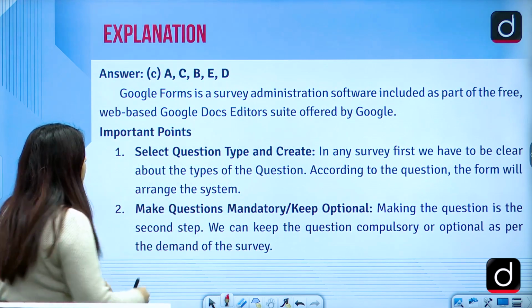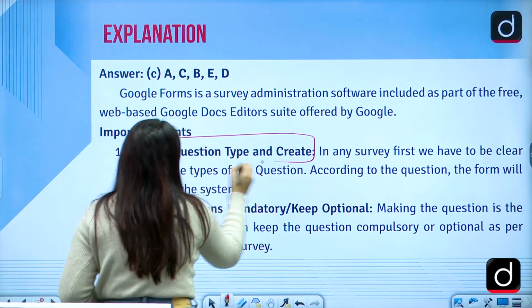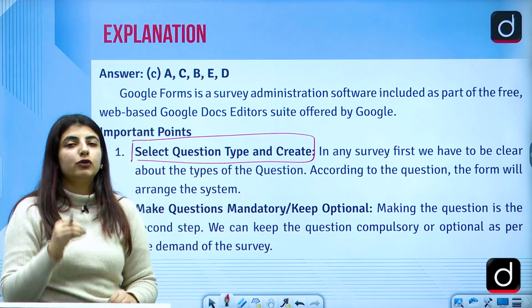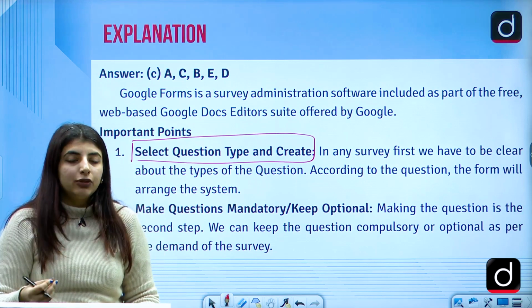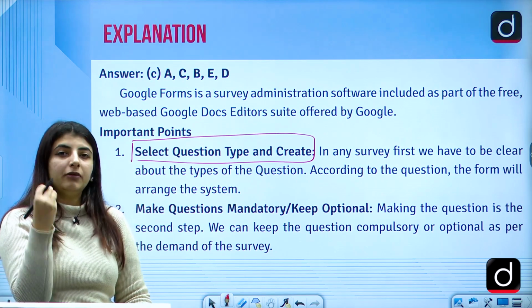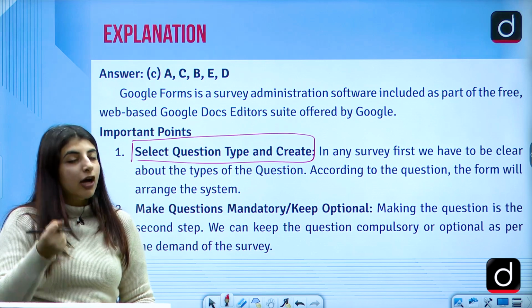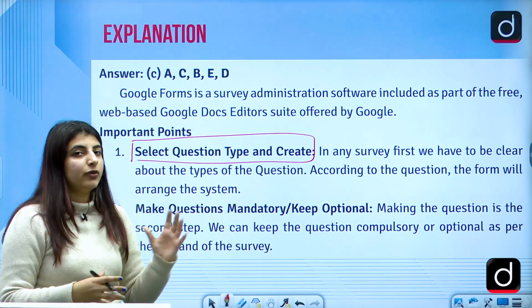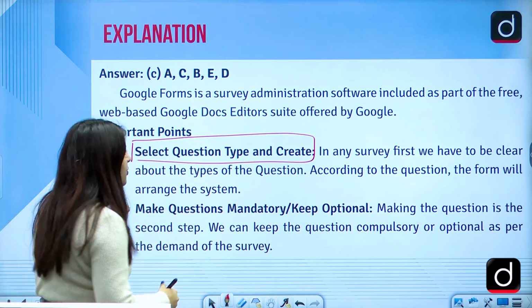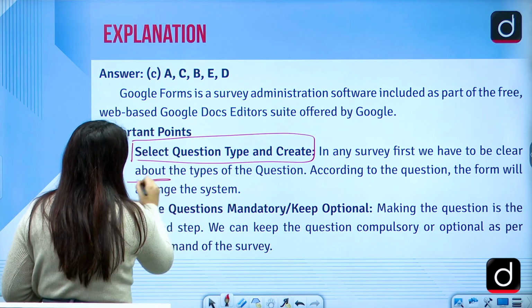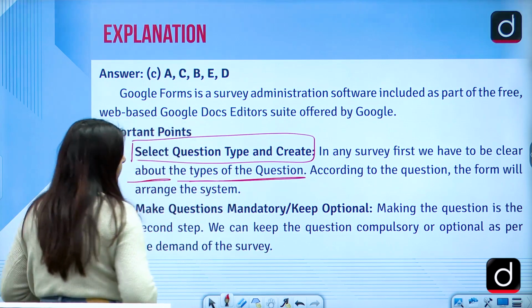You have to select the question type and create. You are supposed to choose if you are going to ask MCQs, if you are going to provide the students or the people, whosoever the participants are, for the collection of data, right? Because you can collect data using Google Forms. You have to be clear about the types of questions which will be there.